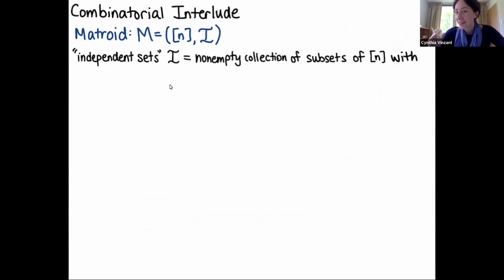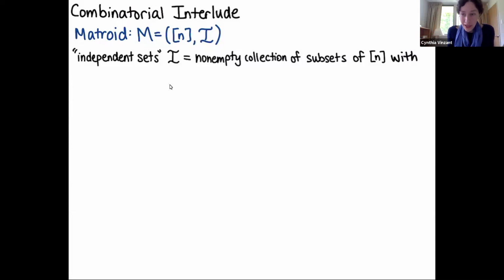So one of the combinatorial objects that shows up in the study of stable polynomials is something called a matroid. So we're going to take a little interlude and discuss what a matroid is, and they're going to turn out to have very close ties with the class of polynomials we're talking about.